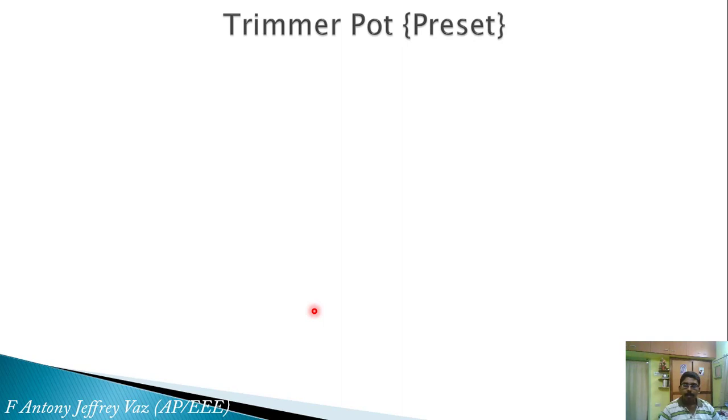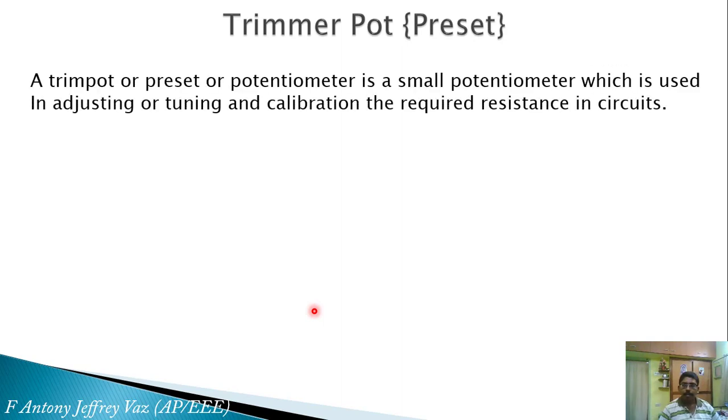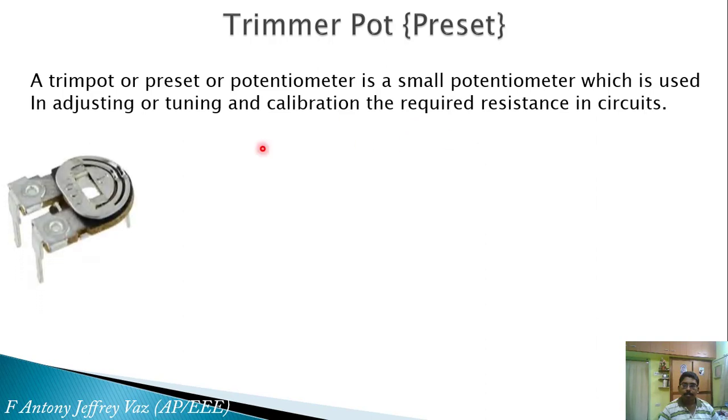Now we are going to move to trim pots, presets or potentiometers. These trim pots or potentiometers or variable resistors are used to adjust or calibrate or tune the resistance in a circuit. You can see this is a variable resistor or potentiometer seen in electronic components for tuning the resistance.